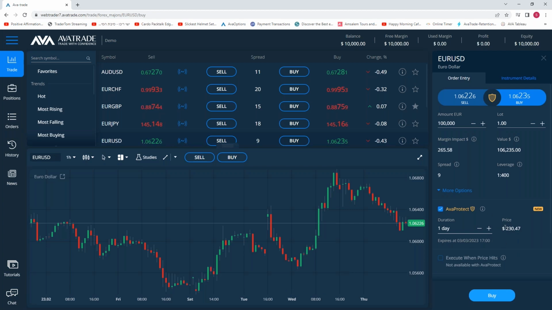All it costs you is $230. If the instrument falls, you can close it at any time, and your realized loss will be reimbursed at that time, or at the time of the expiration. So you minimize your risk.